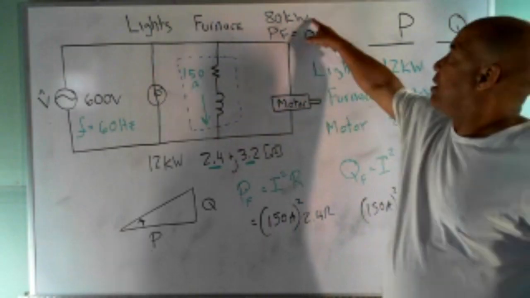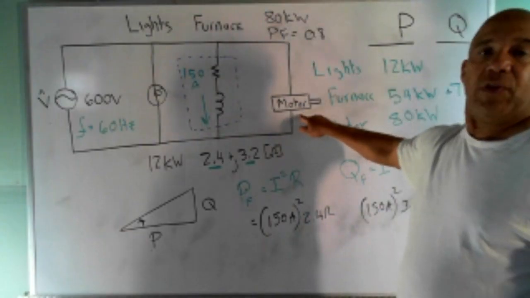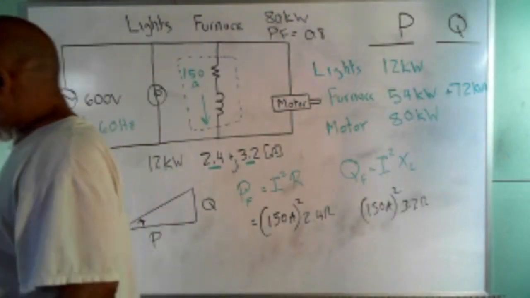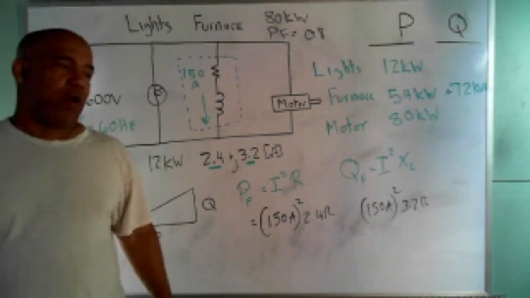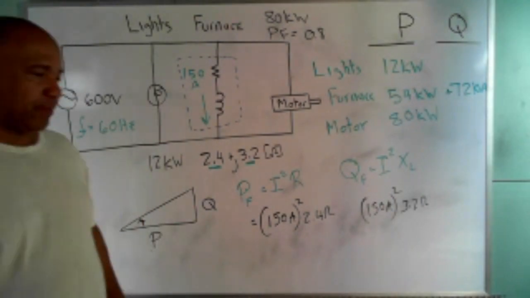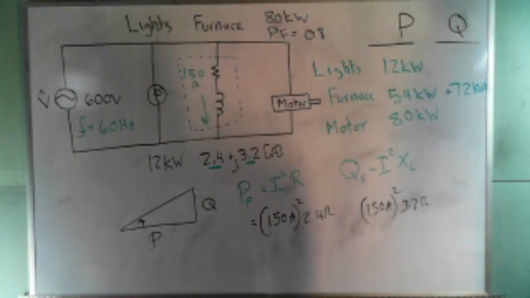Given the resistive power and the power factor, how do I find QL for the motor? So I'll give you about 2 or 3 minutes. If you got it, just hold on for a second. If you didn't, try to think about how you would do that, and then we'll do it together in just a few minutes. That's an important step in solving a problem like this.